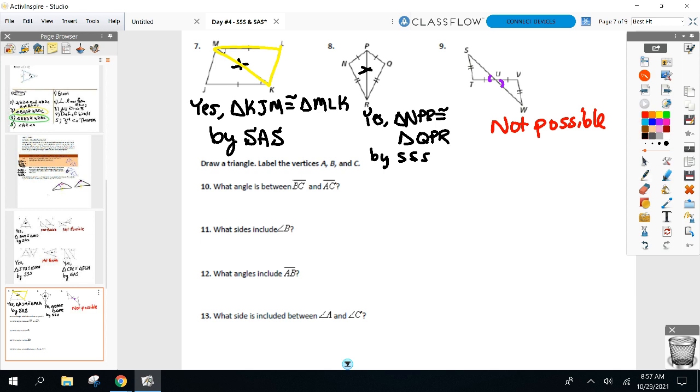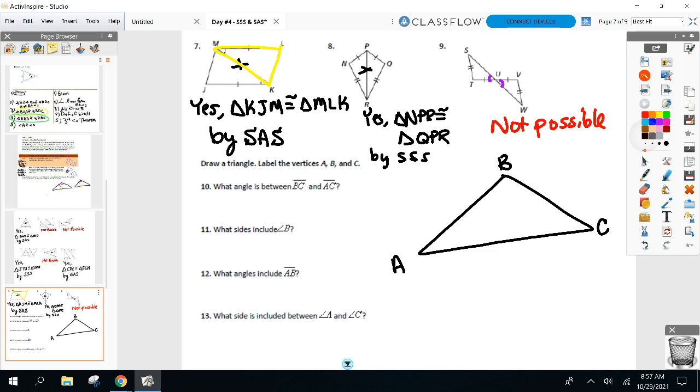Just take triangle ABC, draw a triangle, label the vertices ABC, and see if you guys can go through real quick in about a minute to see if you can answer those next 10 through 13. This will help you out with side, angle, side. Make sure we write our symbols, please.